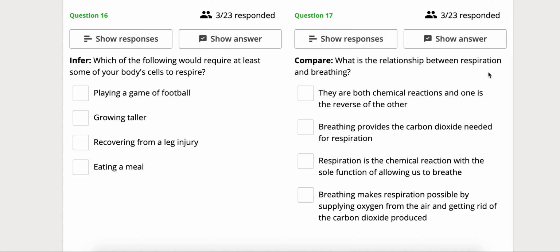But the main relationship between respiration and breathing, out of these 4 options, is D. That breathing makes respiration possible by supplying oxygen from our surroundings in the air and getting rid of the carbon dioxide that our body produces.